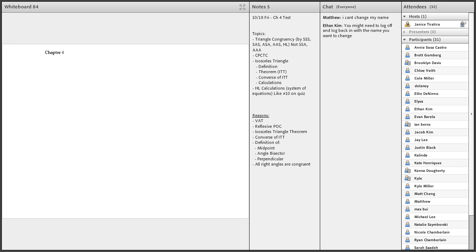You could be using the isosceles triangle theorem or the converse, or the definition of angle bisector, definition of midpoint, CPCTC. Any questions, please start typing.